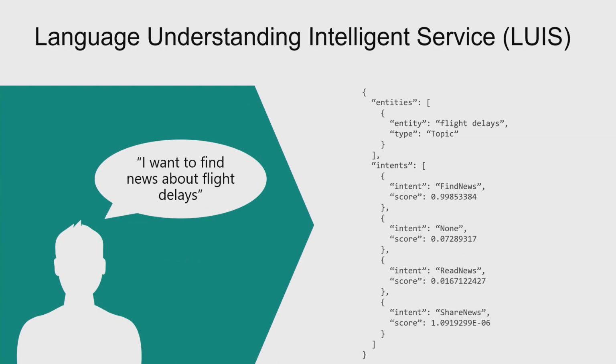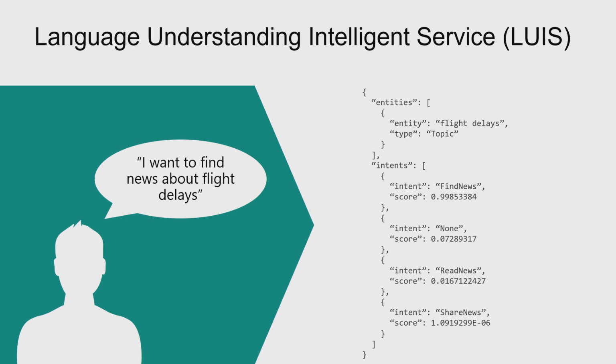OK, and again, this service also uses JSON format. The user might say, I want to find news about flight delays. And then we have our LUIS model trained, so it detects some intention. OK, the intention is find news. But maybe in our model, we have other intents, such as read news, share news.